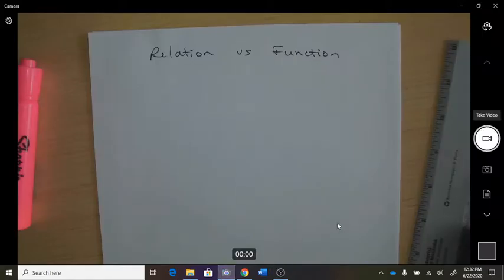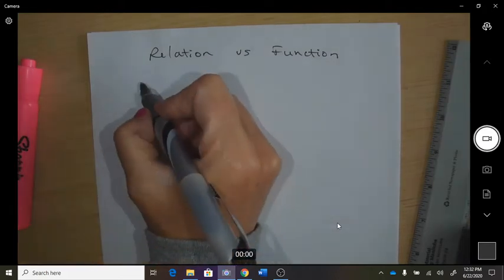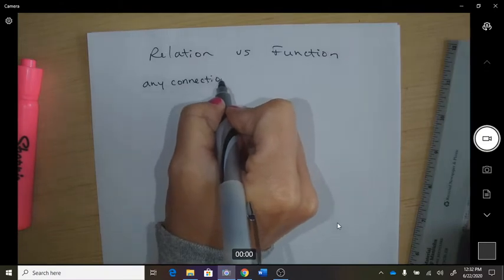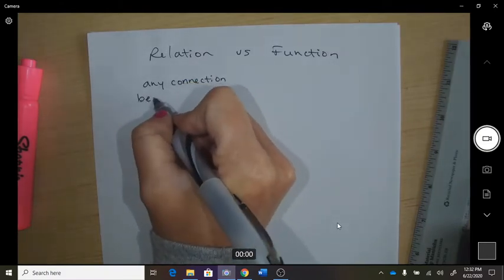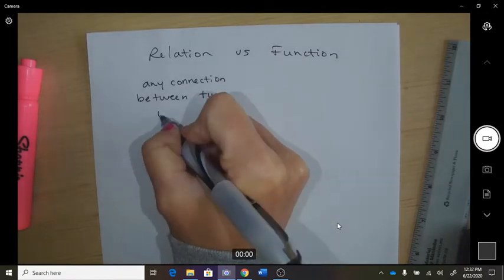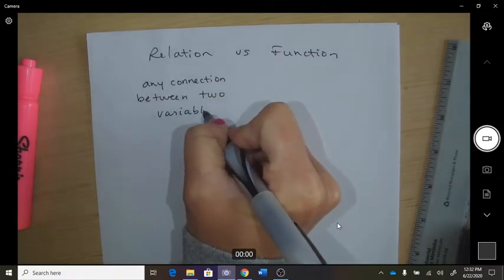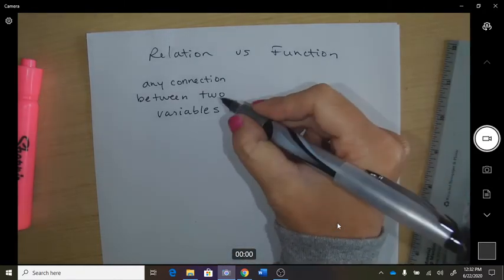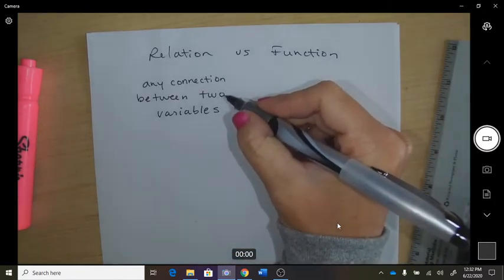Okay, we're going to talk about a relation versus a function. So a relation is any connection between variables. And then a function is a relation, but it's a specific one.